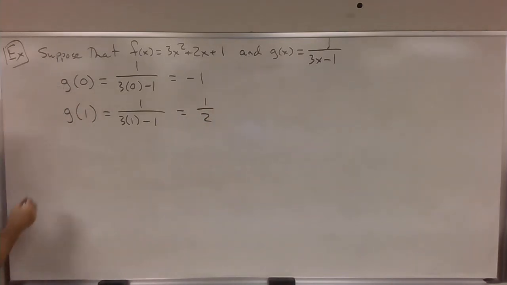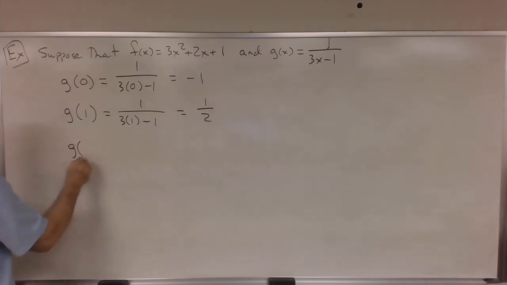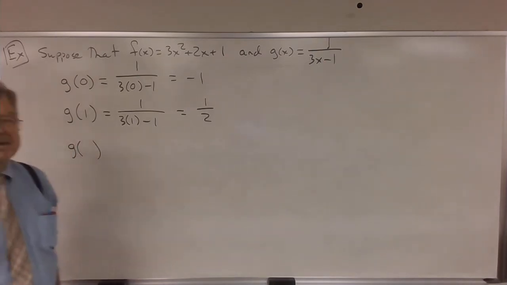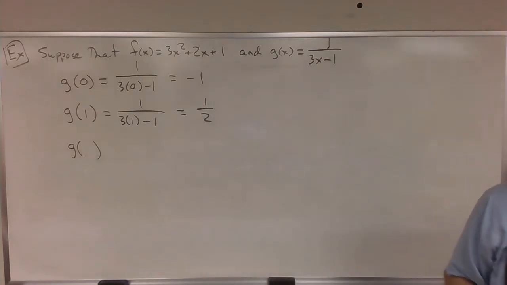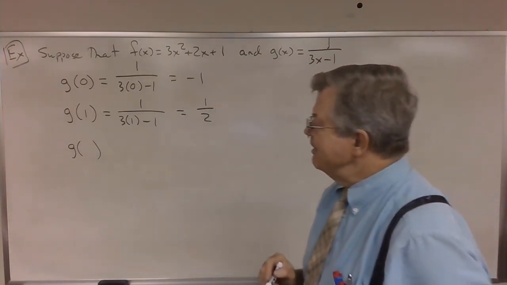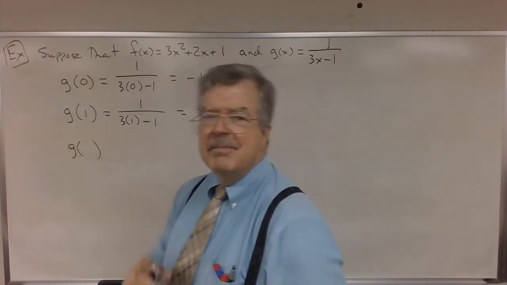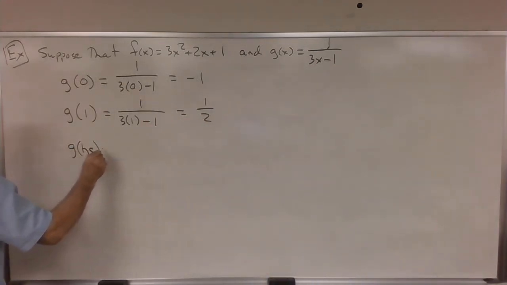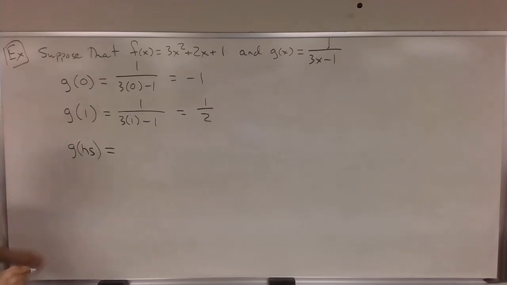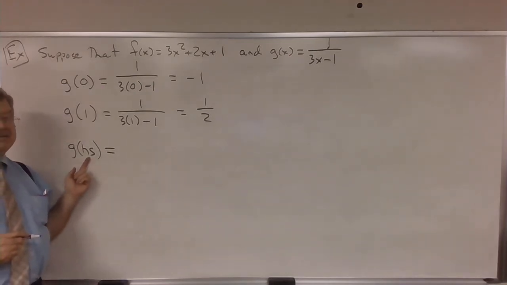Okay. And drum roll, please. We're about to welcome back for the second night in a row our special guest, Mr. Ham Sandwich. We have g evaluated at a ham sandwich. Yeah, it may seem silly, but we can do this.